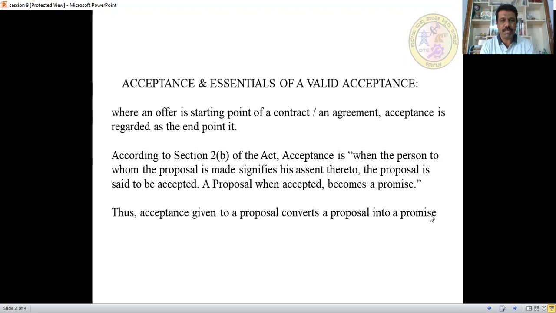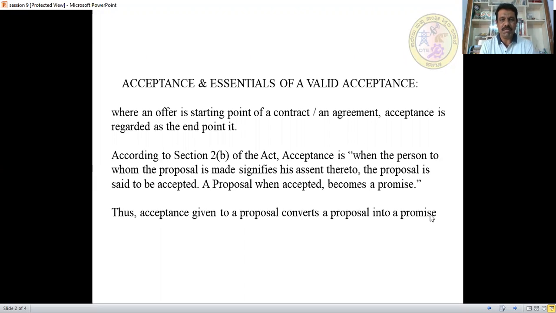According to Section 2(b) of the Act, when the person to whom the proposal is made signifies his assent thereto, the proposal is said to be accepted. A proposal, when accepted, becomes a promise.